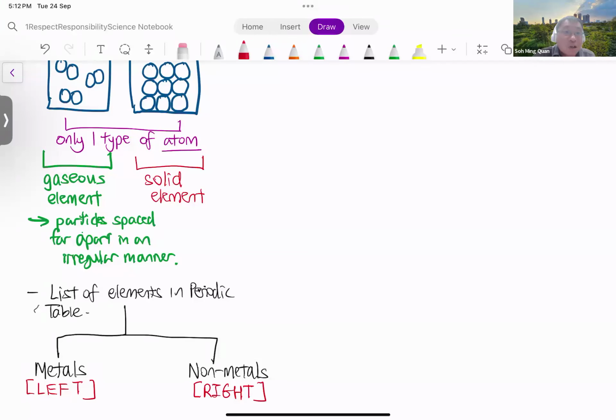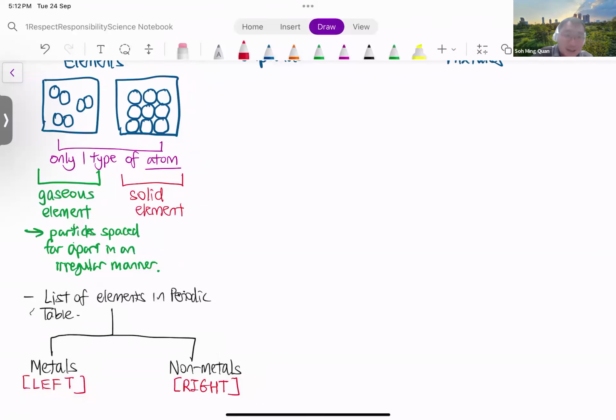For instance, sodium, calcium, aluminium are metals because they are found towards the left side of the periodic table. So that is the concept of elements. Based on the particles, I can tell what is an element. I can also tell metals apart from non-metals based on the position in the periodic table.